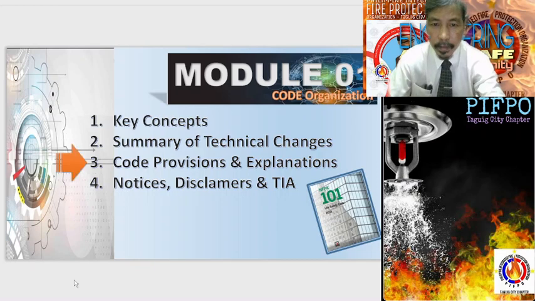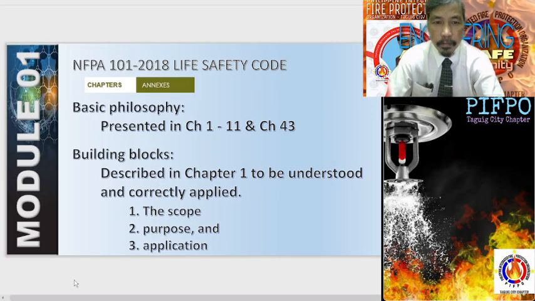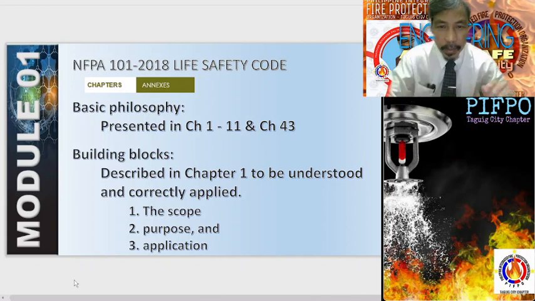Basic philosophy of the Code 101, presented in chapters 1 to 11 and chapter 43. These are the chapters that explain the general, basic philosophy of the code.